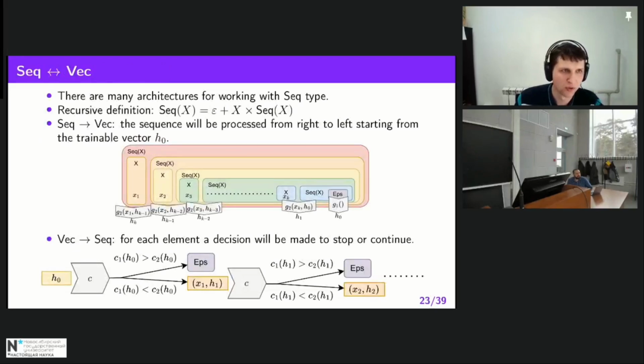And for example, like in this slide, the sequence can be represented recursively with ADT types, and we can obtain some architectures from it. But of course, it's much easier to stop producing architectures when we find a sequence, because we already know how to work with sequences.